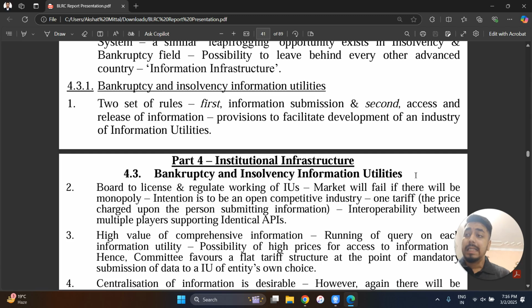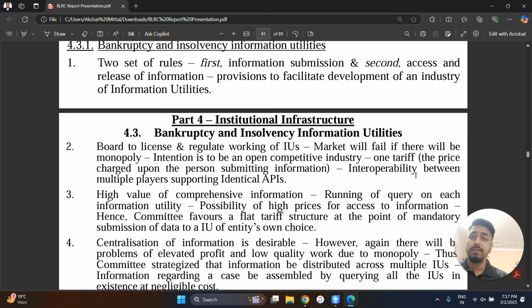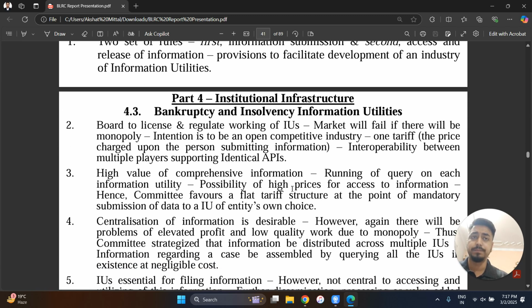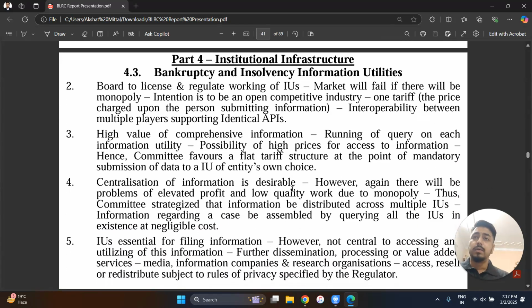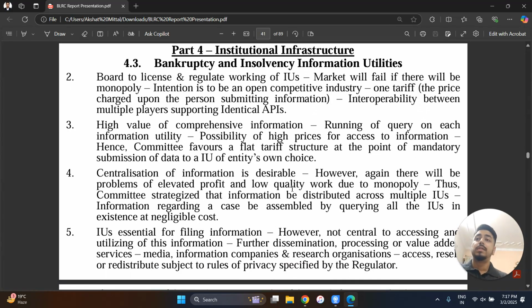Now, what are these information utilities? And how does this committee recommend that these information utilities will be beneficial for the effective working of the adjudicating authorities? So, when we come to the information utilities, the committee has recommended that the Insolvency and Bankruptcy Board of India should create a competitive market for information utilities.